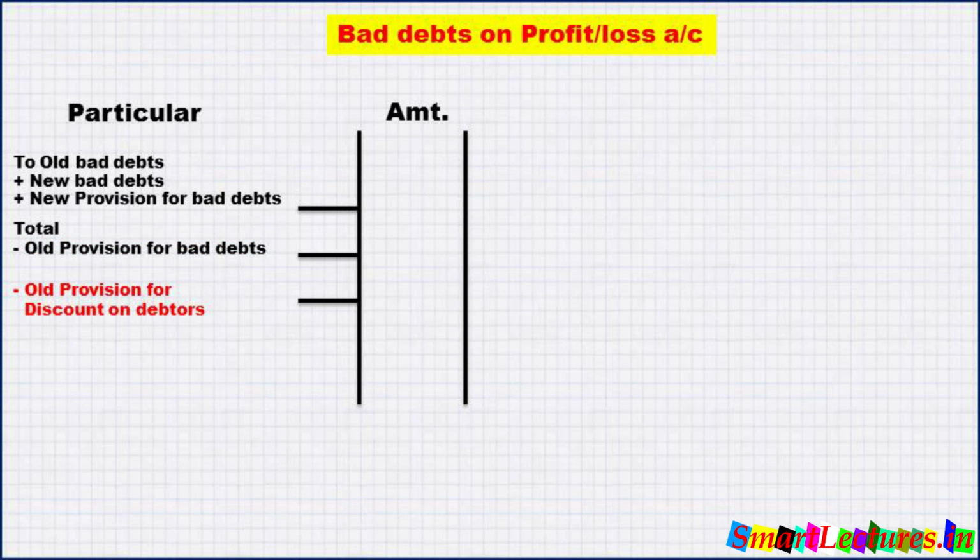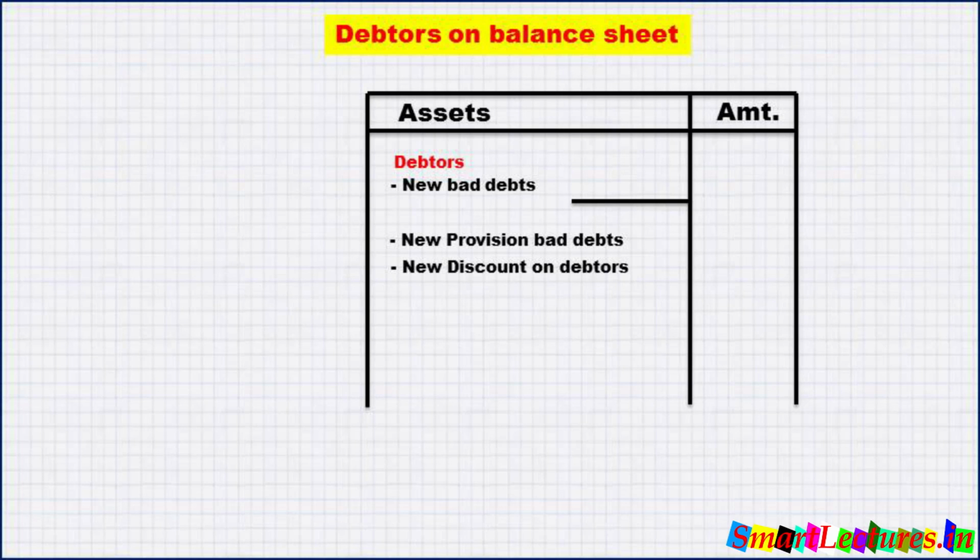In the same way, on balance sheet, it should be debtors minus new bad debts minus new provision for bad debts minus new discount on debtors. So if you write down the format in advance, it will become quite easy to handle these typical adjustments.